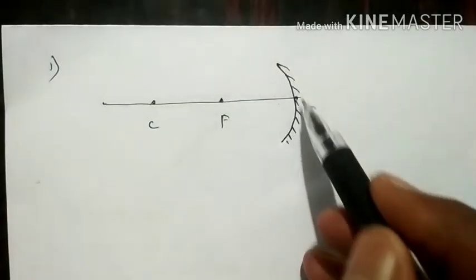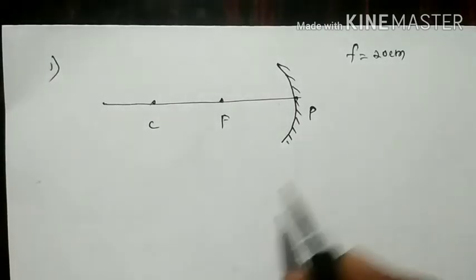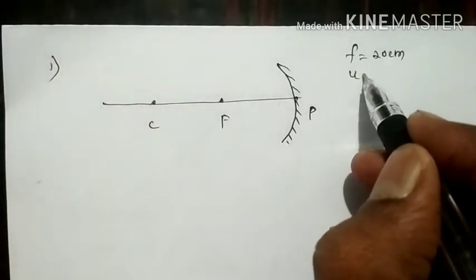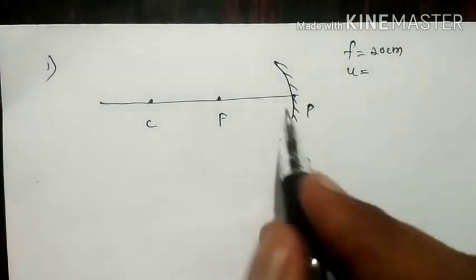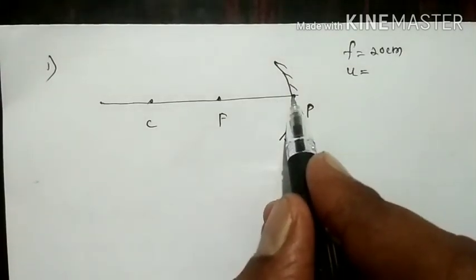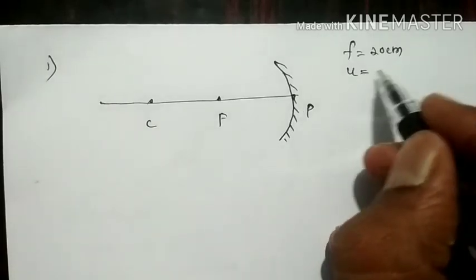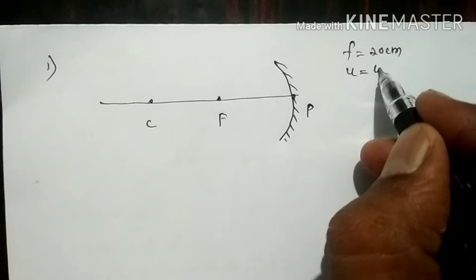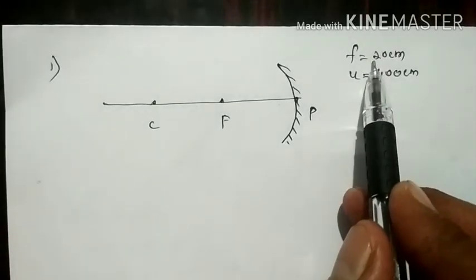Infinity means, for example, if you take the focal length of the mirror as 20 centimeters, and you want to measure the distance of the object, all the distances are to be measured from the pole. So the object distance is infinity means, say for example, you have taken the object at 400 centimeters. This is a very large distance compared to 20 centimeters.